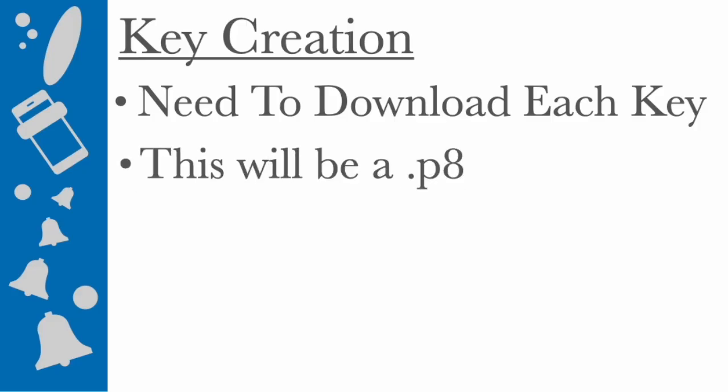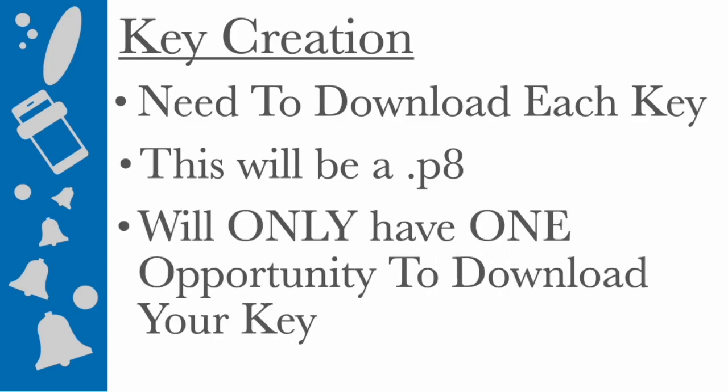And all that's going to be is a .p8 file. And you're going to need this .p8 file certainly later when we start looking at Firebase, which we'll do in the next video. Now here, know that you're only going to have one opportunity to really bring these down.